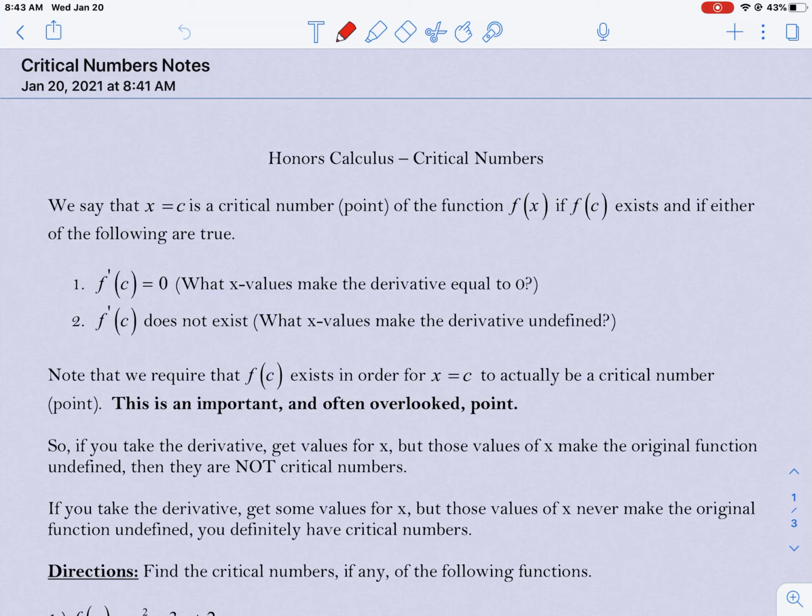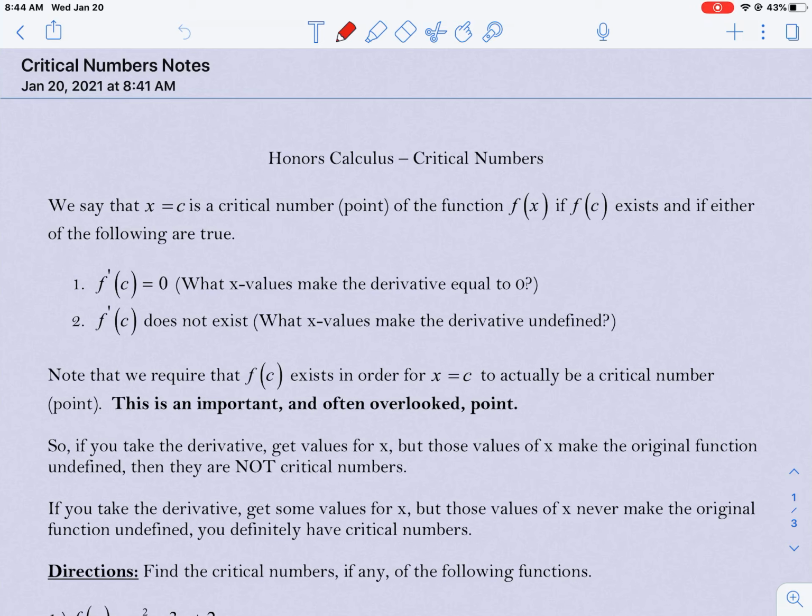If you get a number and you plug it back into the original function, and it makes the original function f of x undefined, then that's no longer a critical number. Your critical number has to be such that when you plug it into the original function, the original function does not become undefined.